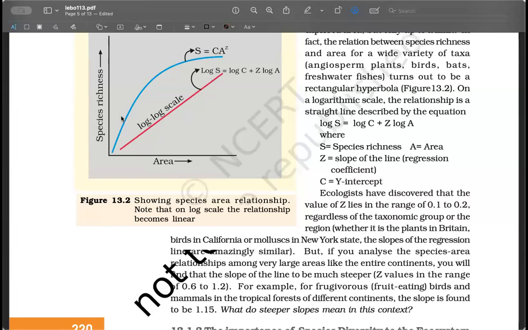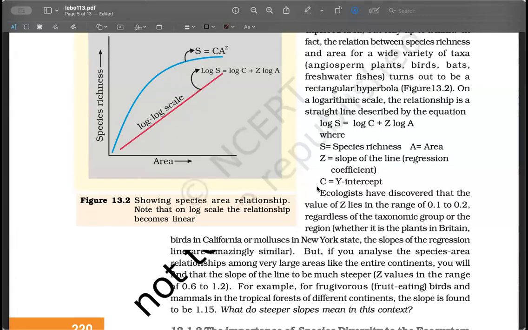But as I increase the area and I talk about the richness of plant species in Great Britain versus some other state in India or some state in US, then you will realize that as you keep making the area bigger and bigger, the Z value, which is the slope of the line or the regression coefficient, ranges in a very small gradient.